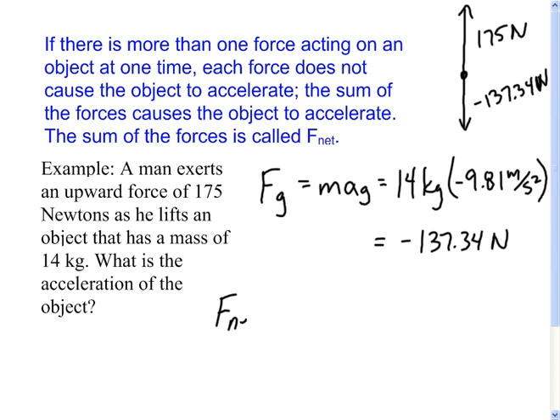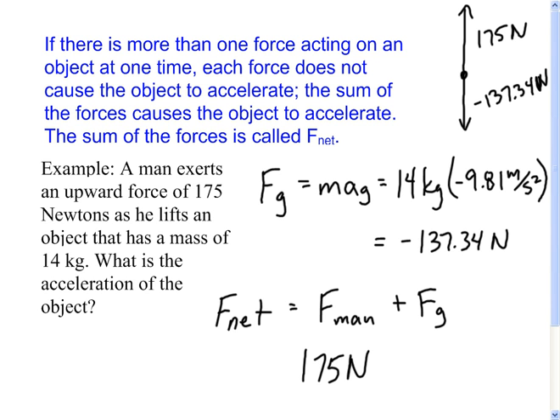Finding F net is different every time. In this case, the forces are in a straight line. When forces are in a straight line, we can use algebra to combine them. The force that the man is exerting and the force of gravity are both exerted on the object, and they're both on the object at the same time. So we can simply add them together. The man exerts a force of 175 newtons.